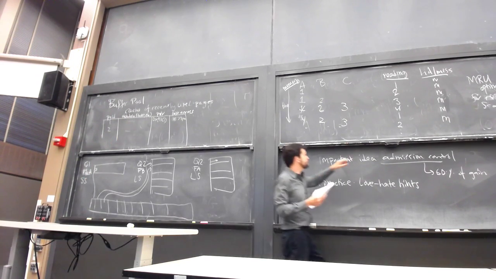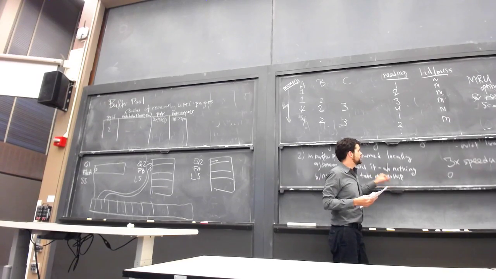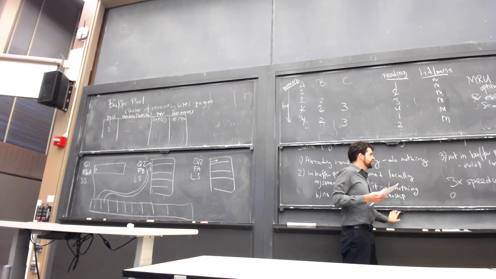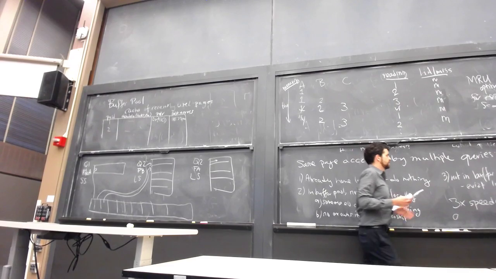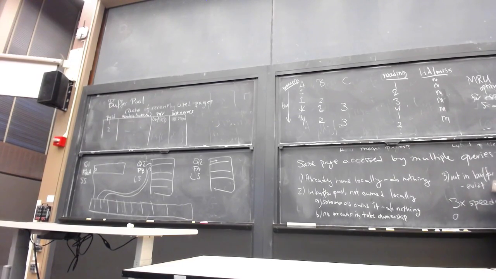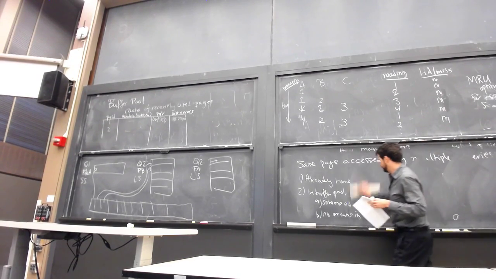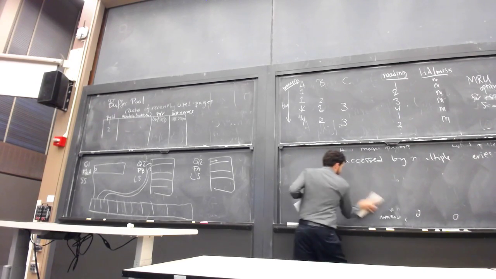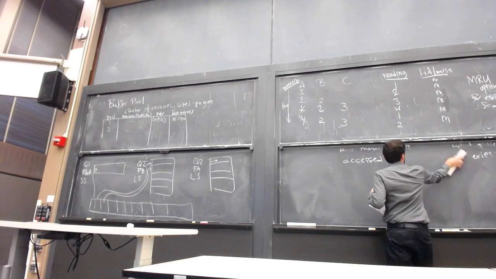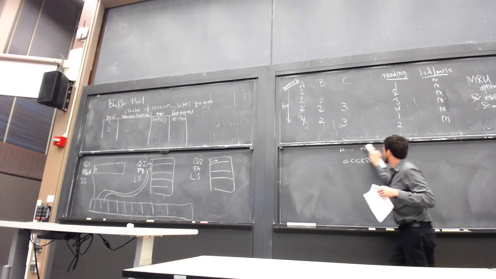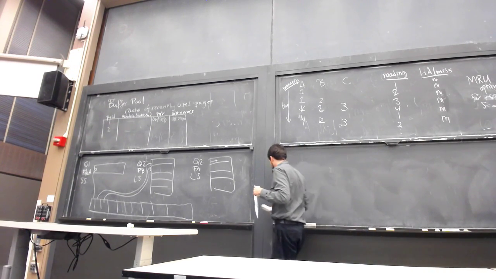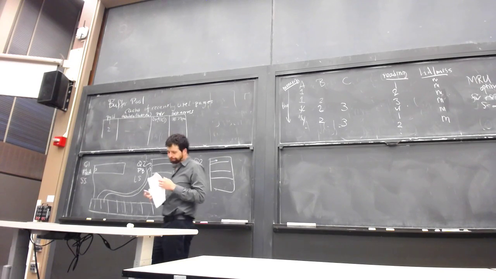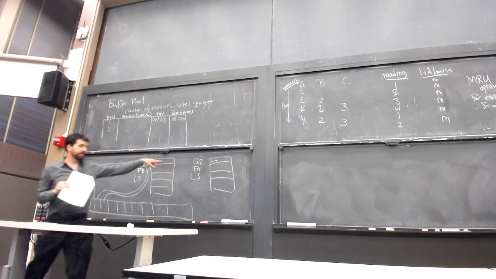In particular, one thing we might like to do is to try and further avoid random I/O as we read or flush pages. Think, for example, about the case of evicting a page from a buffer pool.